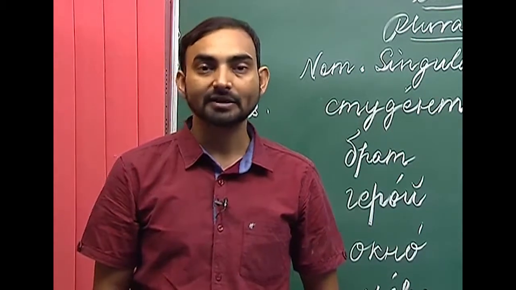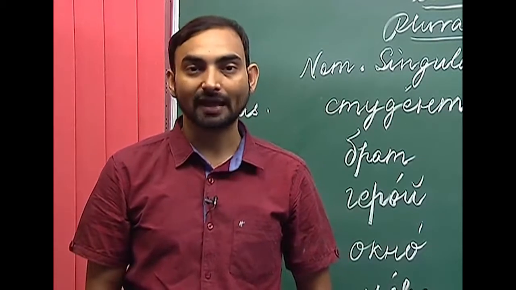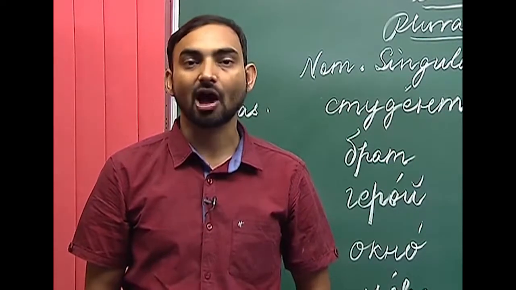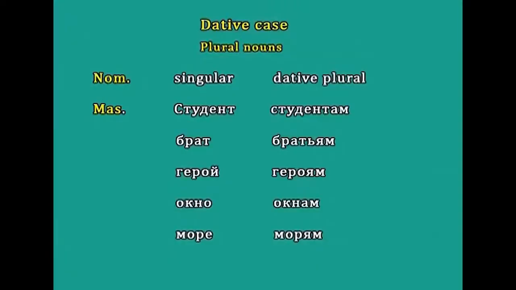Now, we will look at the plural nouns and their declension in the dative case. How do plural nouns decline in the dative case? We will start with the masculine and neuter nouns first. I have written here the nominative singular of the nouns and their dative plural counterparts here.